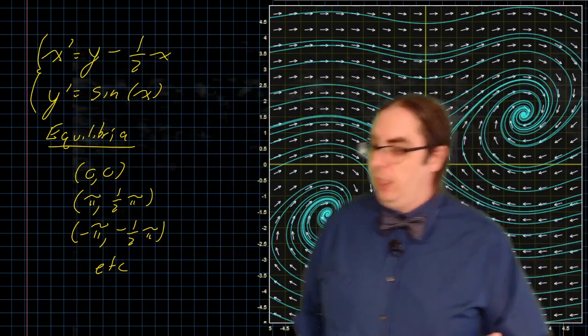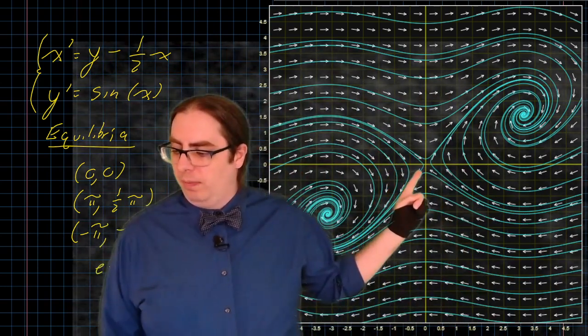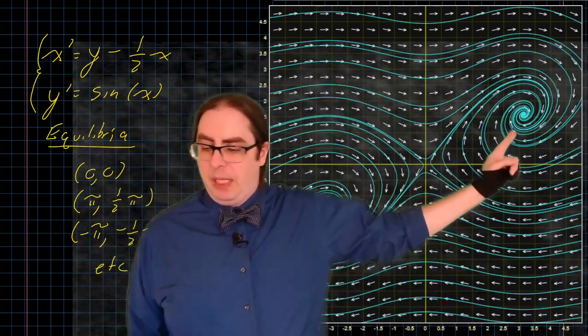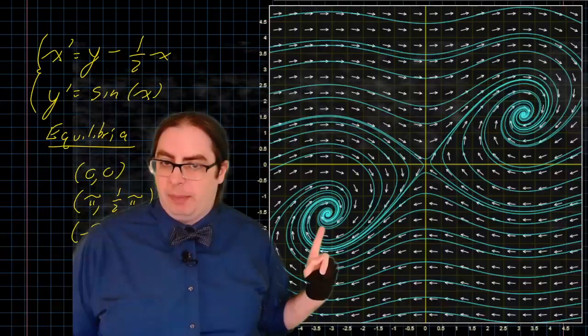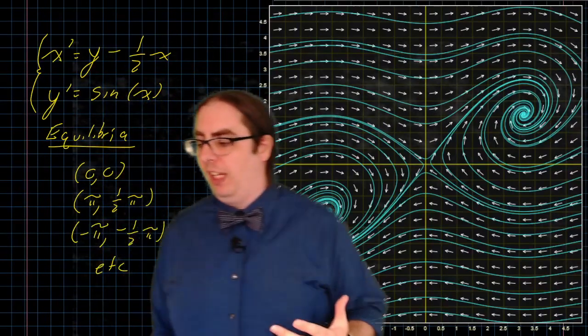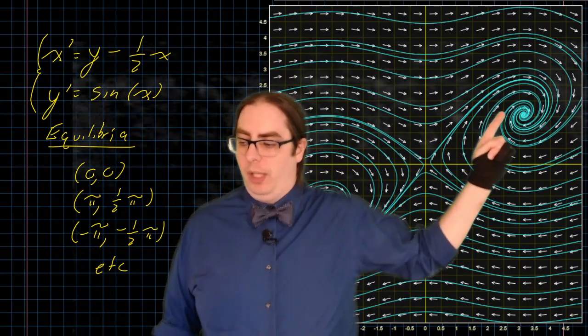There are 3 equilibrium points. 0, 0 is right here. Pi, 1/2 pi is right here. And negative pi, negative 1/2 pi is right behind my shoulder over here. I can't stand out of the way of everything. I apologize. Let's start with this one, though.